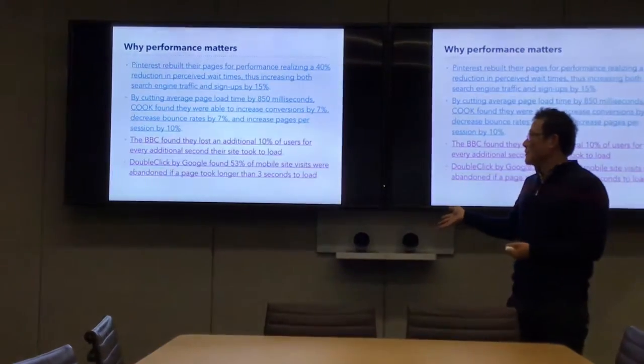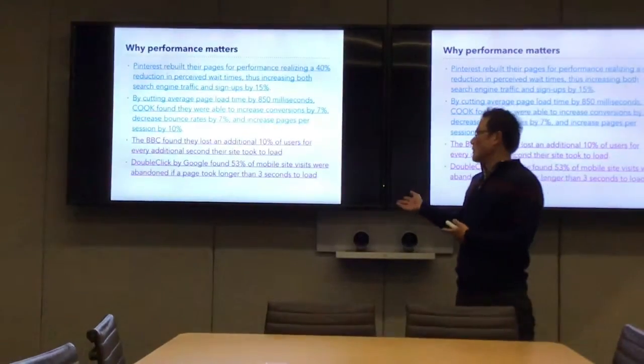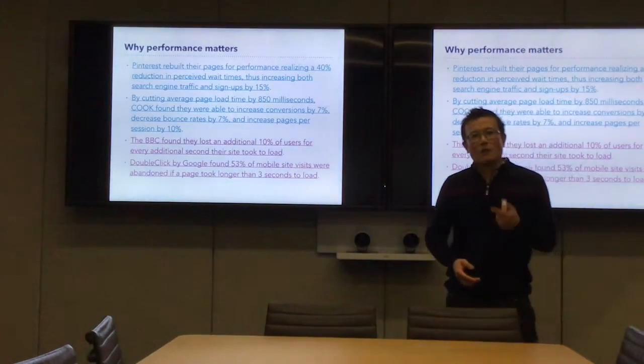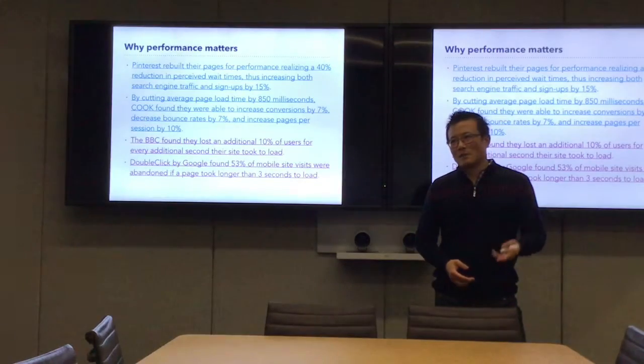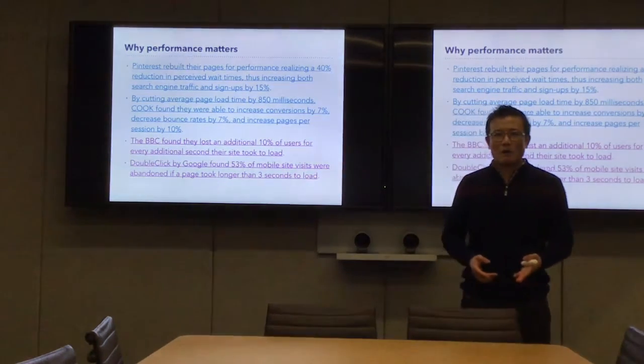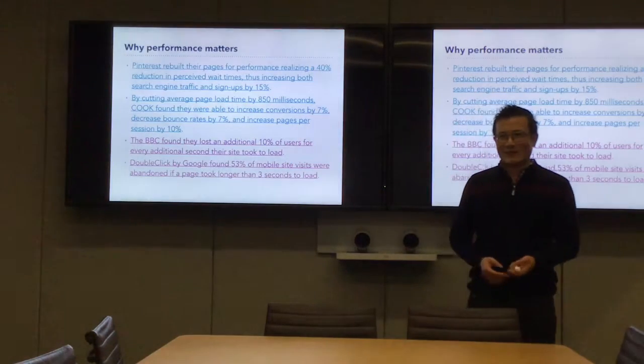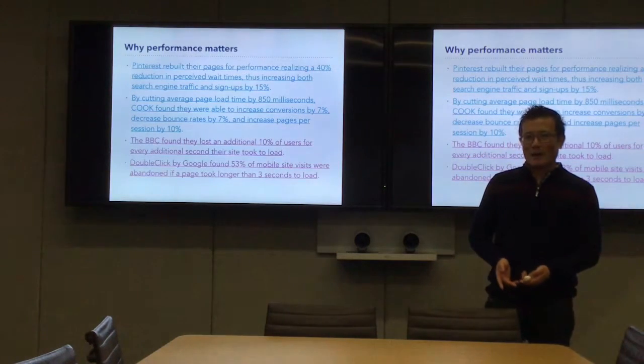And DoubleClick found 50% of mobile site visits were abandoned after 3 seconds. That means on mobile, if your site takes more than 3 seconds, you're dead. Unless you're a bank like us, where people have to wait because they want to do the payment.